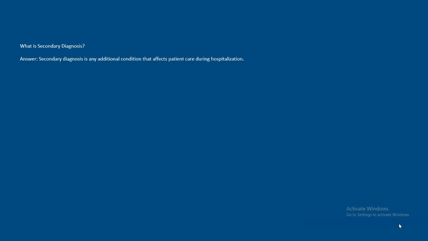What is secondary diagnosis? A secondary diagnosis is an additional condition that affects patient care during hospitalization. This is very important for inpatient coders as well as outpatient coders, as the secondary diagnosis will affect the patient's current care.